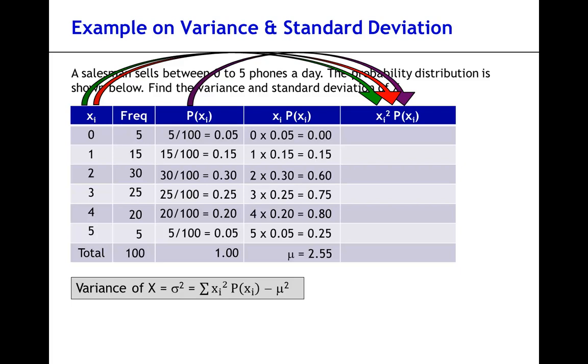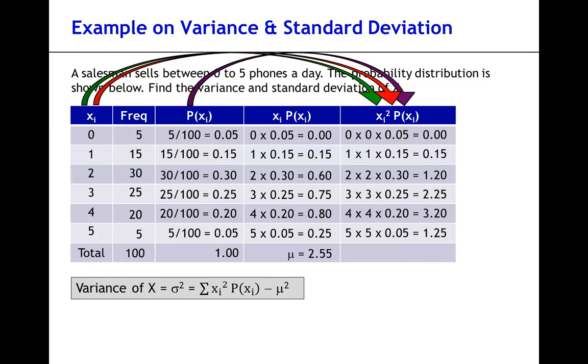When x sub i is equal to 0, we take 0, multiply by itself, and then multiply by 0.05 to get 0.00. When x sub i is equal to 1, we take 1, multiply by itself, and then multiply by 0.15 to get 0.15. Do the same for the rest.